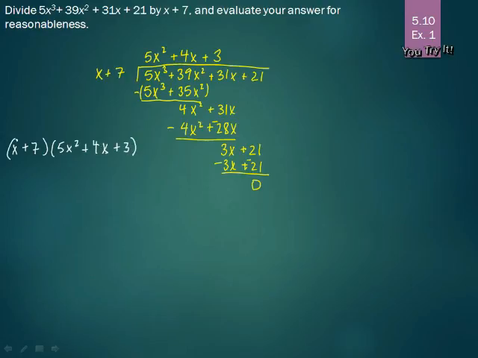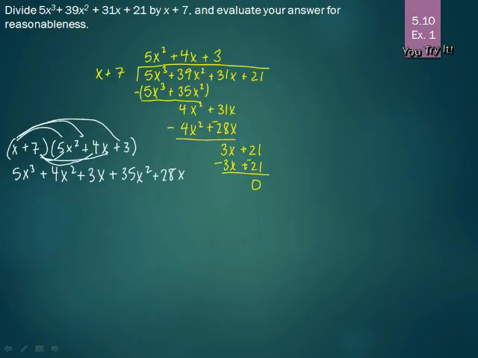Multiplying those out, x times 5x squared gives us 5x cubed. x times 4x gives us plus 4x squared. x times 3 gives us plus 3x. 7 times 5x squared gives us 35x squared. 7 times 4x gives us plus 28x. And 7 times 3 gives us plus 21.